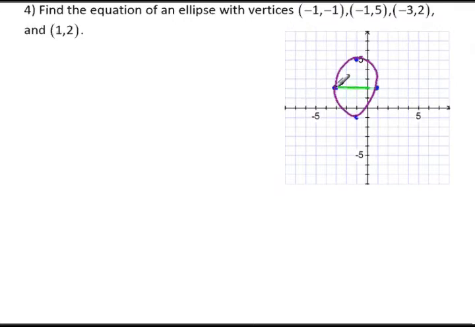We'll simply look at where the axes intersect. The x and y stretches, a and b, are 2 and 3 respectively. And so our equation is just a matter of plugging in the numbers.